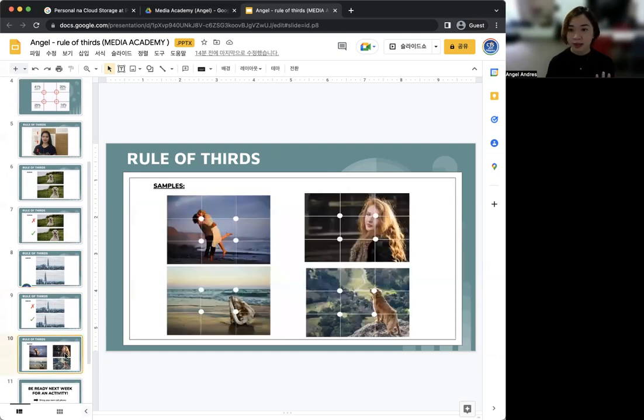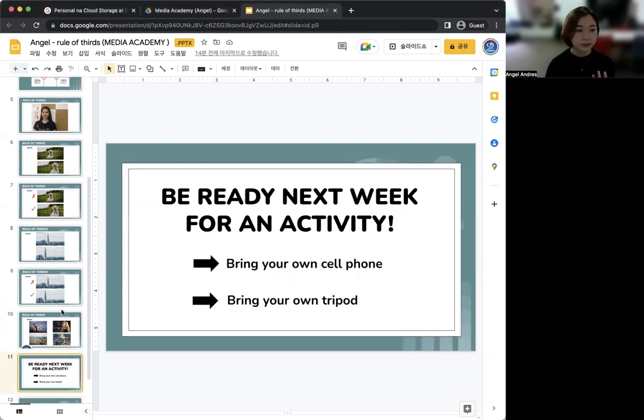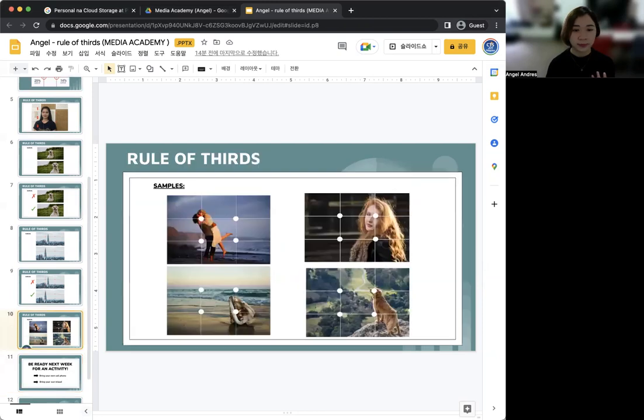Another example we have here. As you can see, any subject you have, you can actually use rule of thirds. Using the rule of thirds helps draw the viewer's eyes to the point of interest, which is your main subject. In the first picture, the main subject is the couple.